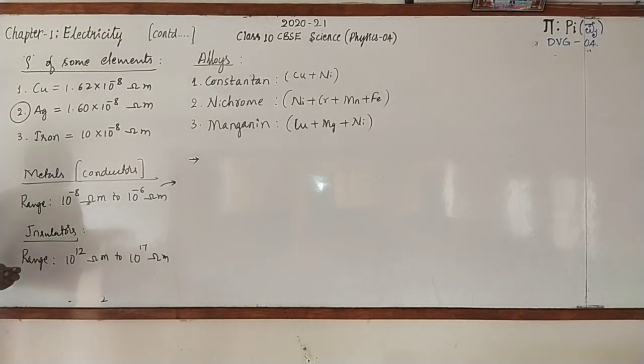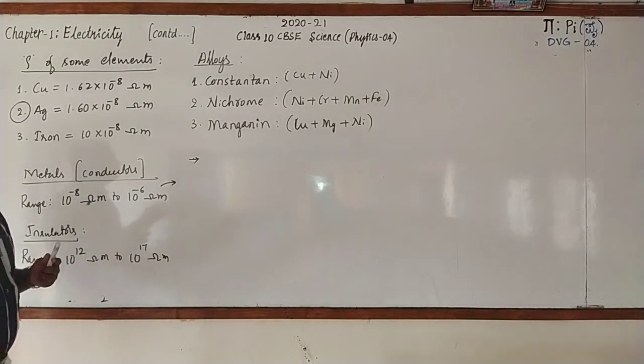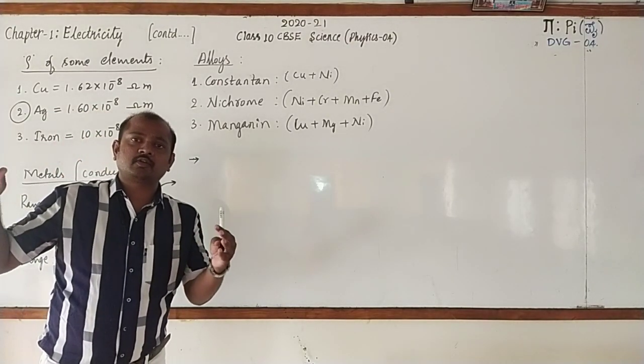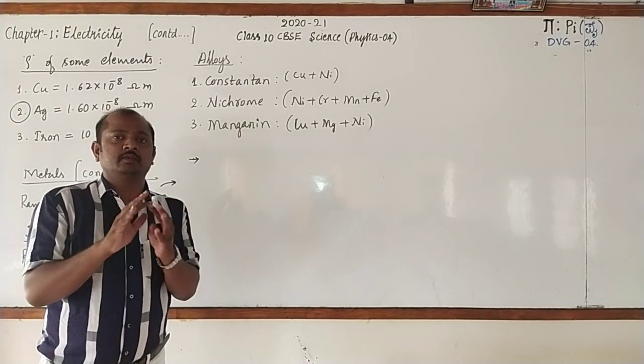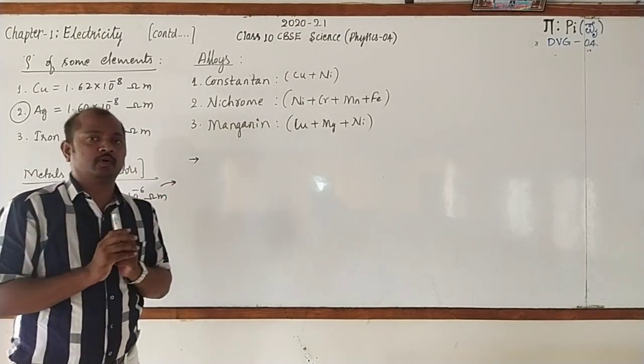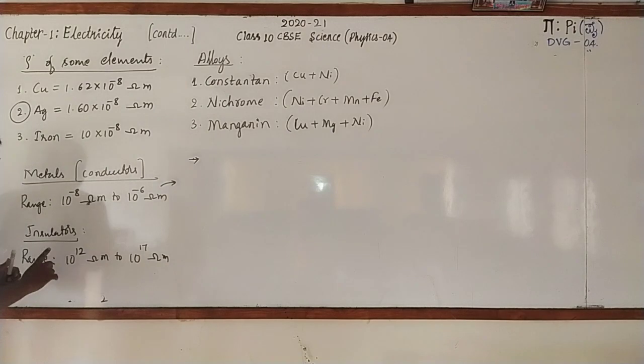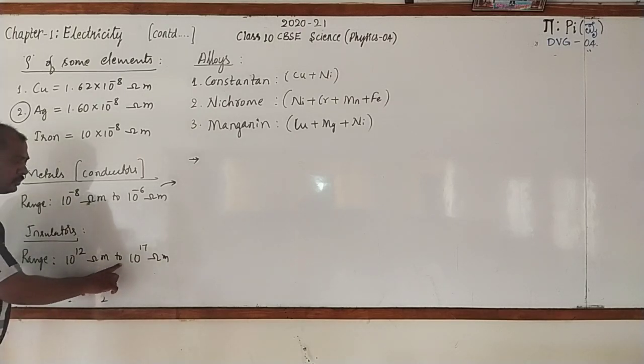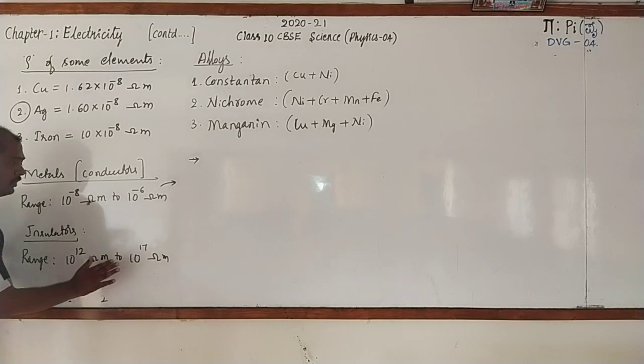Next, for insulator, in insulators, electrons cannot move easily. There will be lot of obstruction, opposition for the flow. Hence, the resistivity of such insulators will be from 10 raised to the power 12 ohm meter to 10 raised to the power 17 ohm meter.